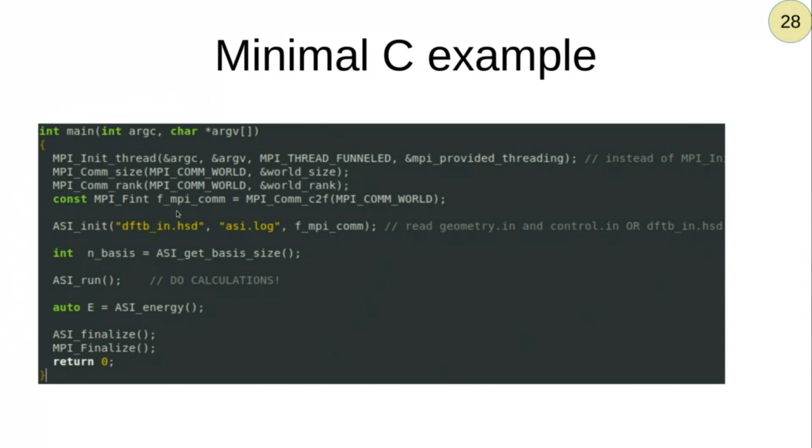You just initialize MPI, initialize DFTB Plus with this ASI call, then ask DFTB Plus about the size of matrices, for example, if you need this for allocation of matrices in your code. Then you actually do calculations and get the energy, for example. And of course, finalize your calculations.